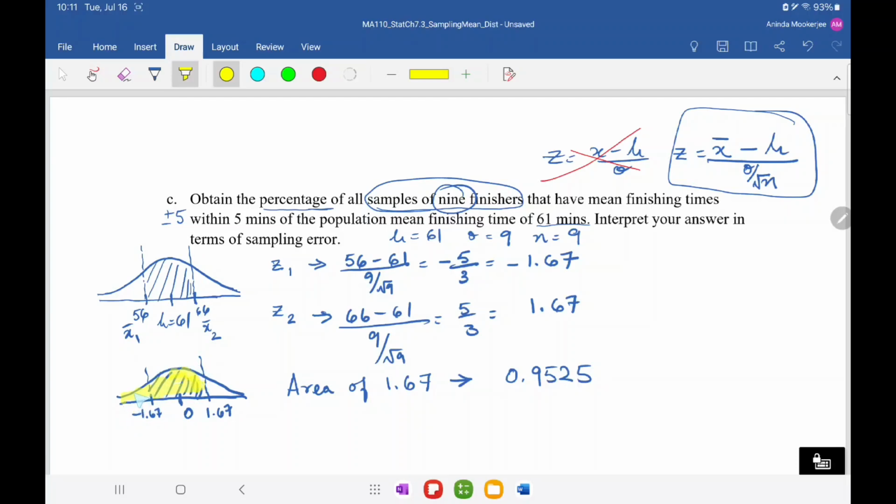We have to subtract the area to the left of negative 1.67. You have to subtract this area.